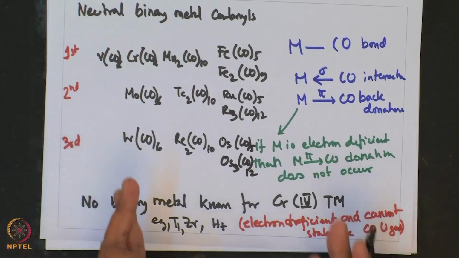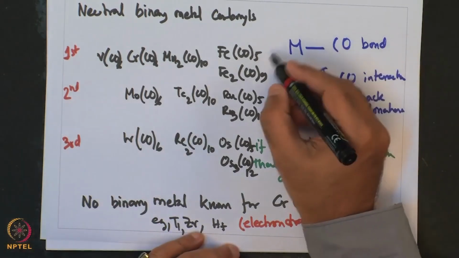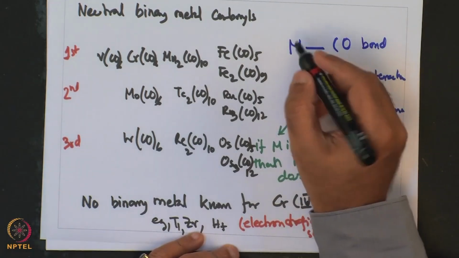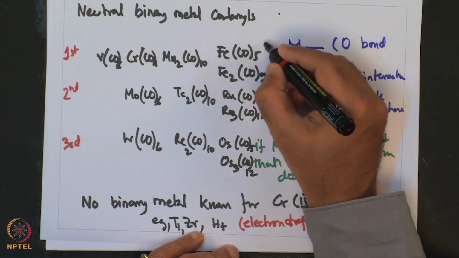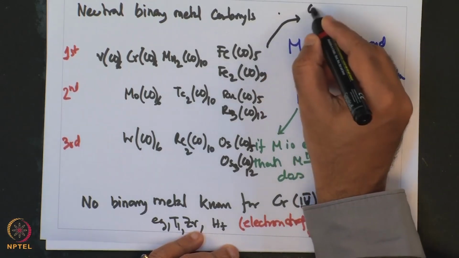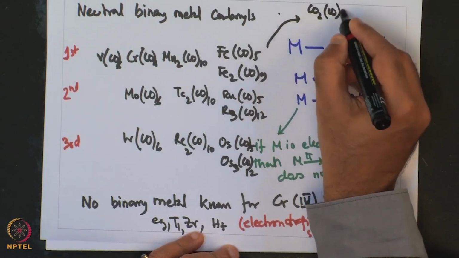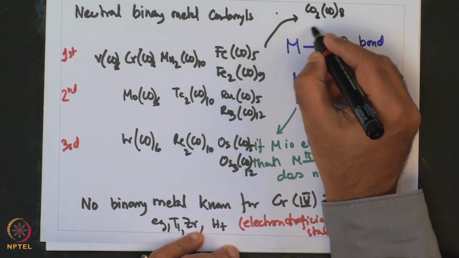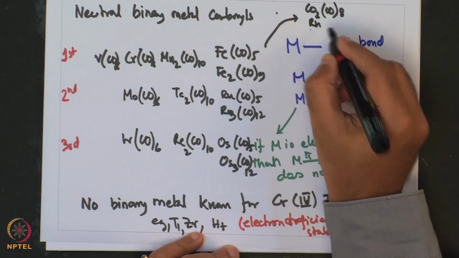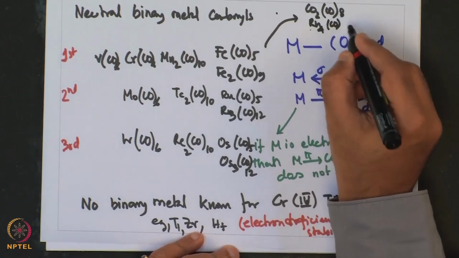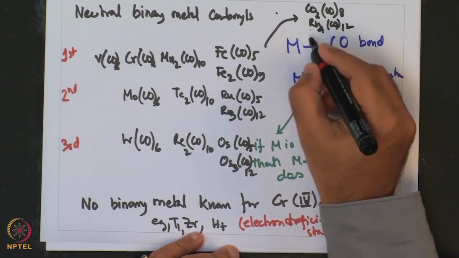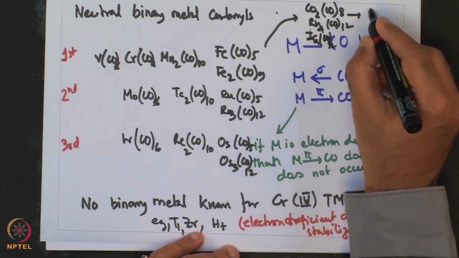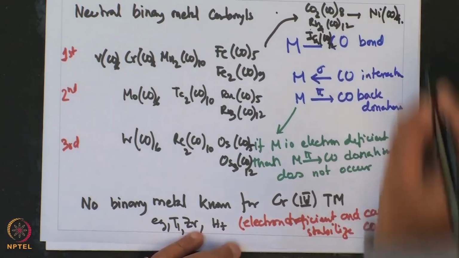Now, it does not stop at osmium, it can go over to cobalt, with Co2(CO)8 being known, and all the way to rhodium, Rh4(CO)12, or iridium, Ir4(CO)12, is also known, and finally nickel tetracarbonyl is also known.